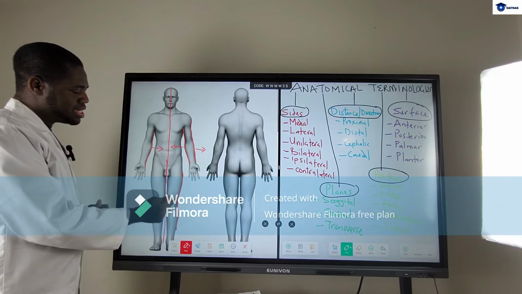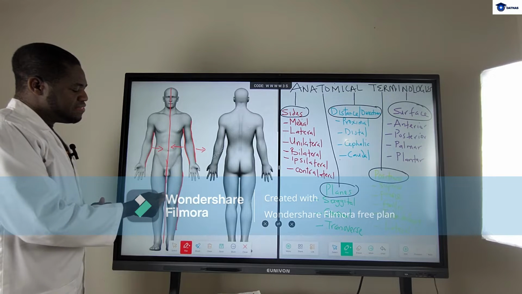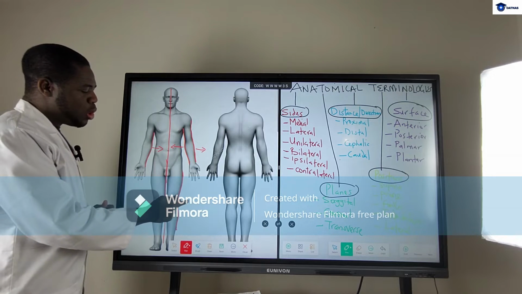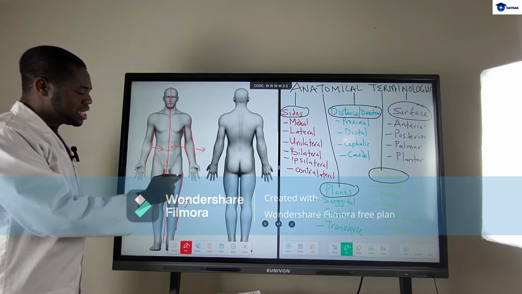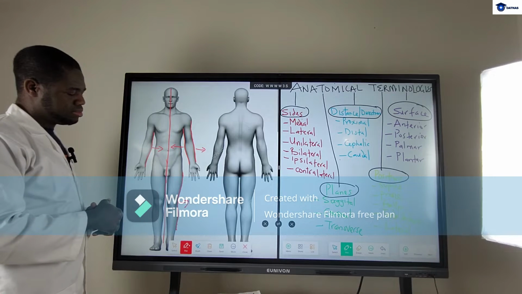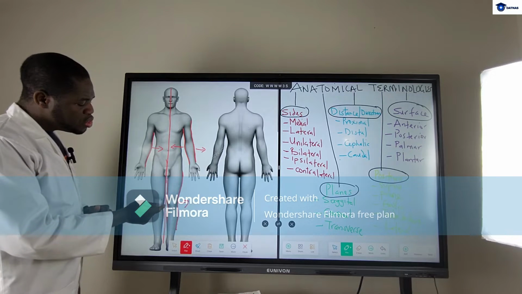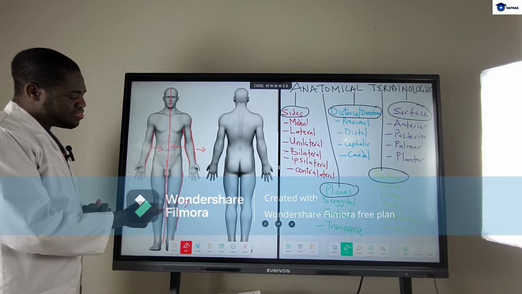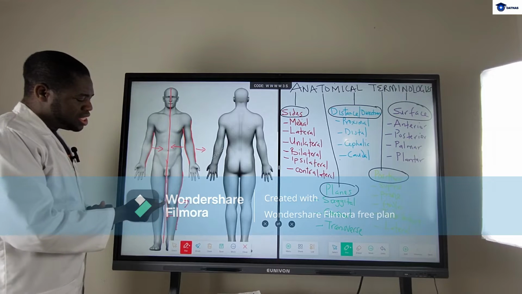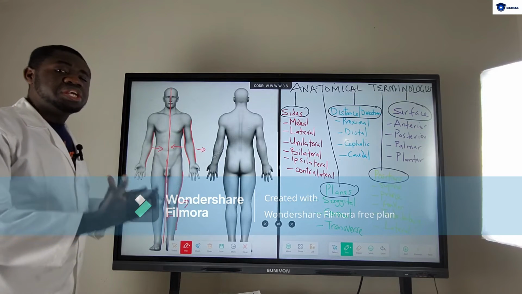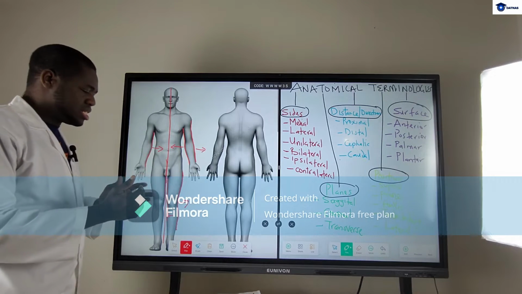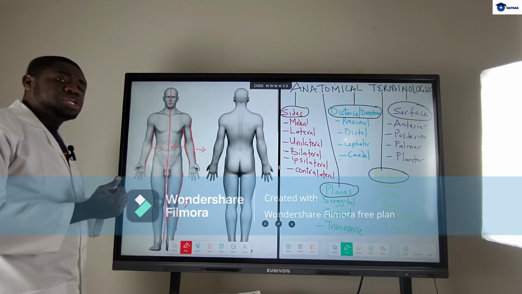We can see that this side does not face the midline, so it is opposite the midline. So this is lateral. But this side is closer to the midline and it faces the midline. So this is medial. Medial is from the word medium, something that is close to the middle.